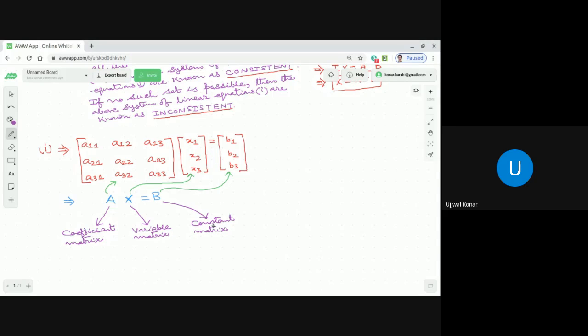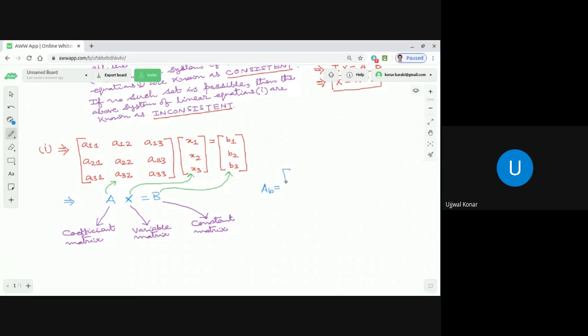Now, dear students, we are introducing another matrix, and that matrix we name as the augmented matrix. And what is that augmented matrix? We denote it by AB.